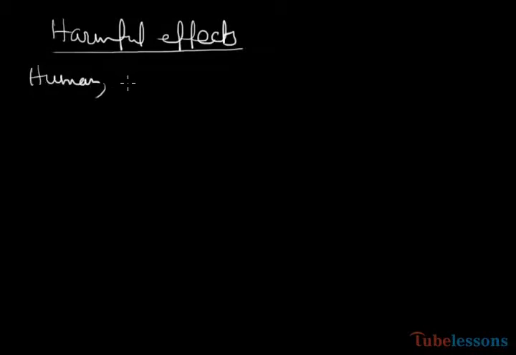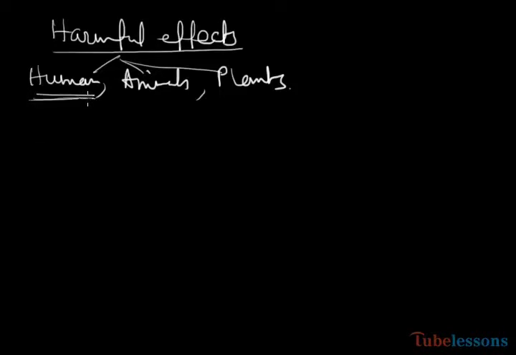Some cause diseases for other animals. Some cause diseases to plants also. So, in three different ways, microorganisms have harmful effects. So, let us discuss the harmful effects on humans.